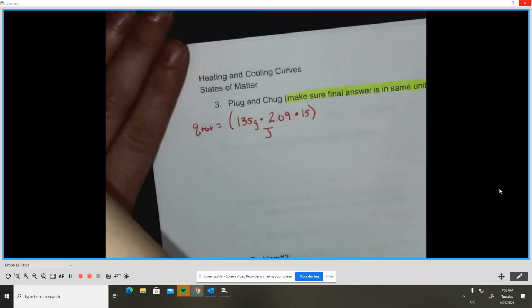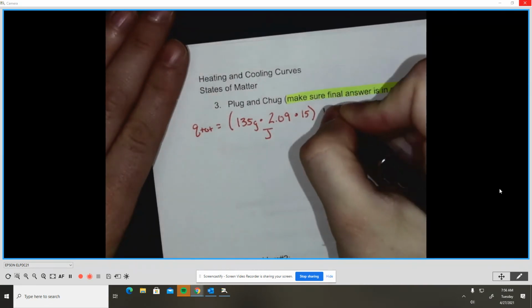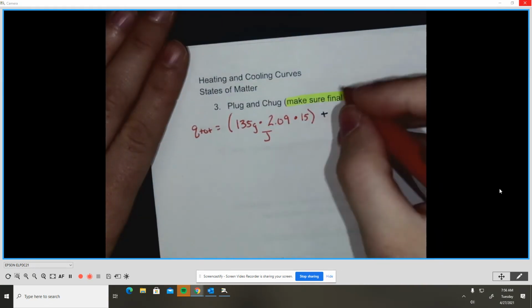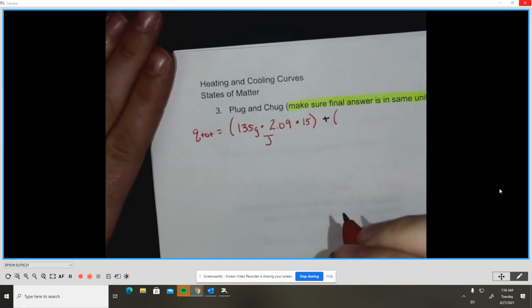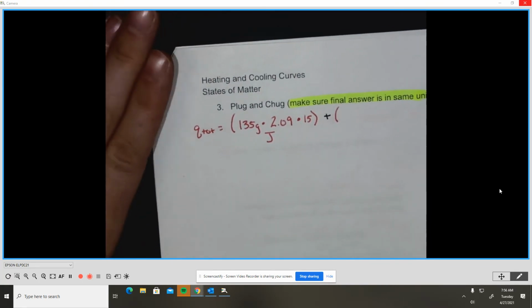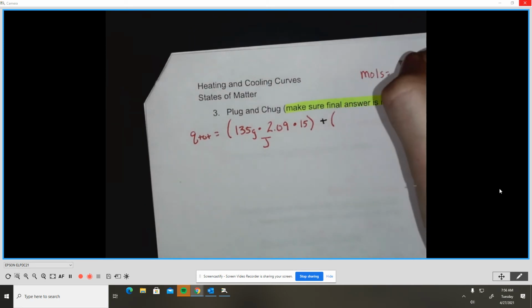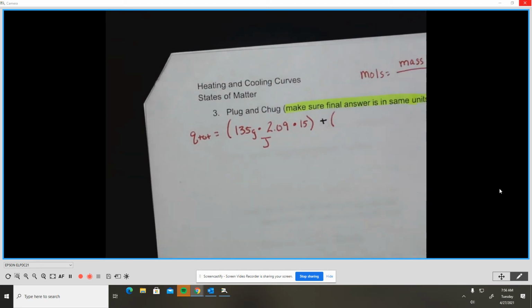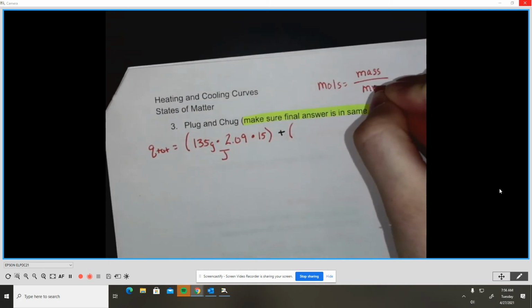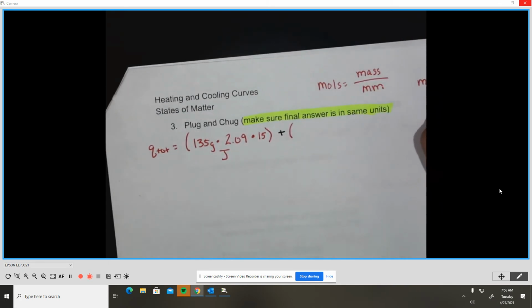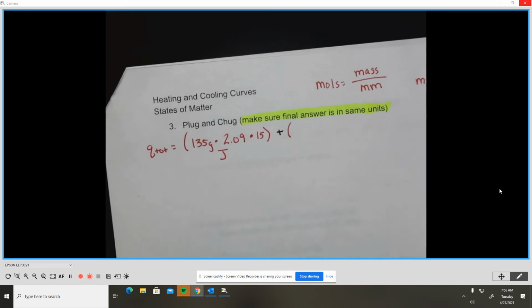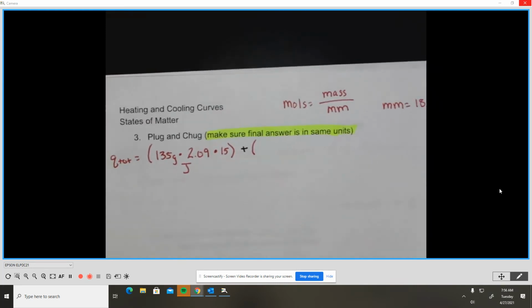We're going to add that to our fusion of ice. We need to figure out number of moles. So remember, moles equals mass over molar mass. Molar mass of water, we're just going to be really easy, 18 or 18.02.